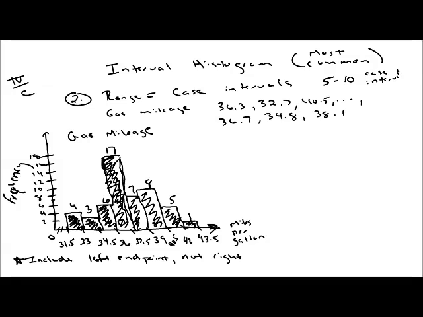Now we are going to describe. It is quantitative data, so we use GSOCS. Gaps. I don't see any gaps here. None. Shape.